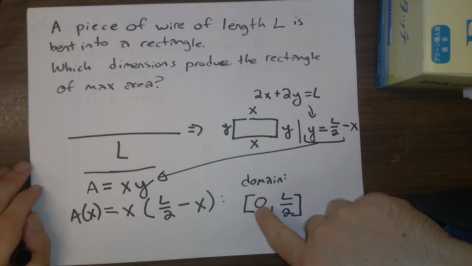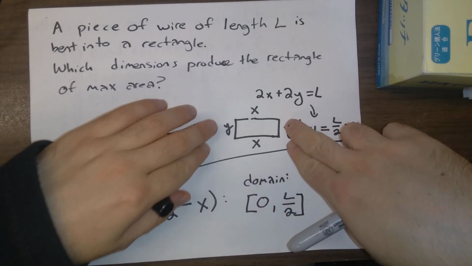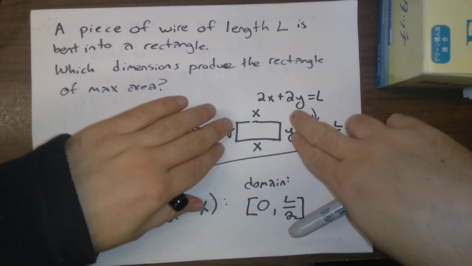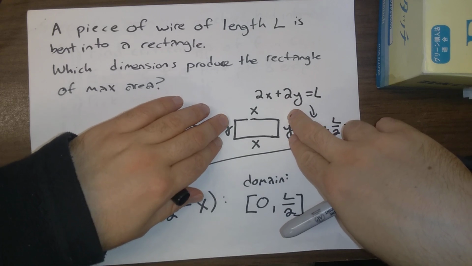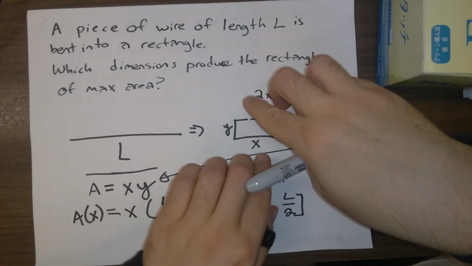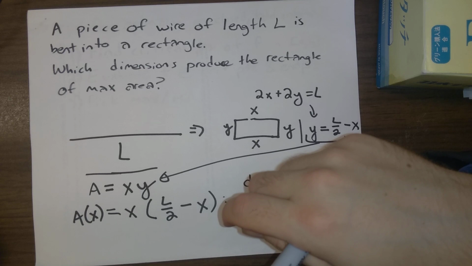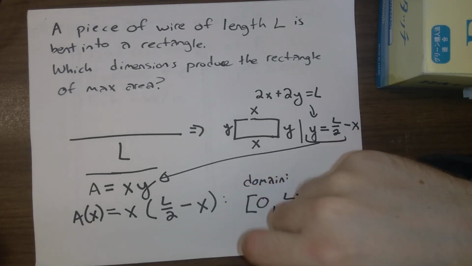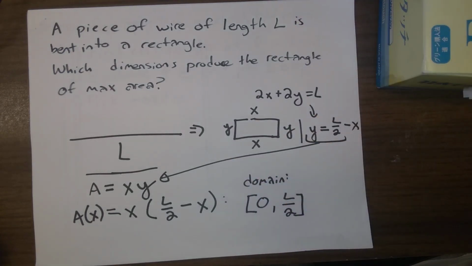So if x is equal to 0, that's basically making all of L on the two y sides. If x is L over 2, that's basically making all of L on the two x sides. Now you might say, well, it's a rectangle of 0 width or 0 height or something like that. You may say that's a little bit weird.